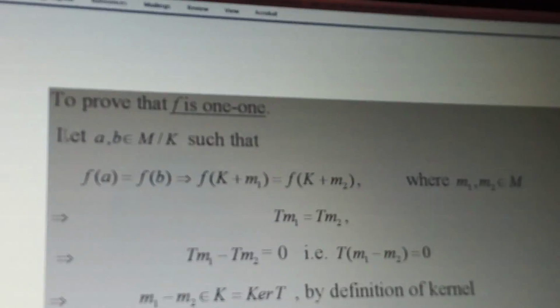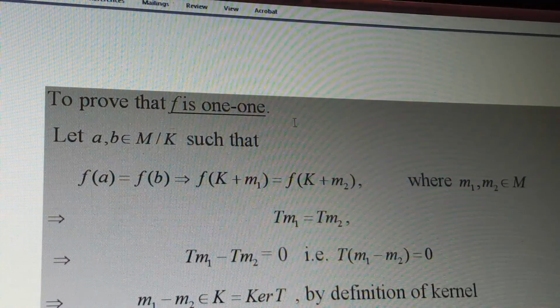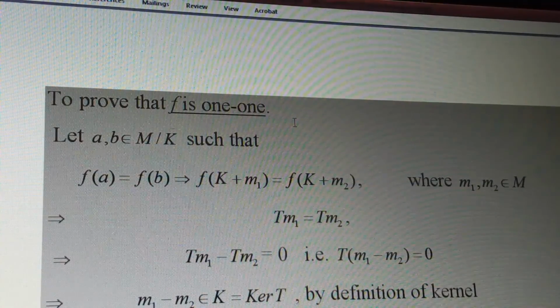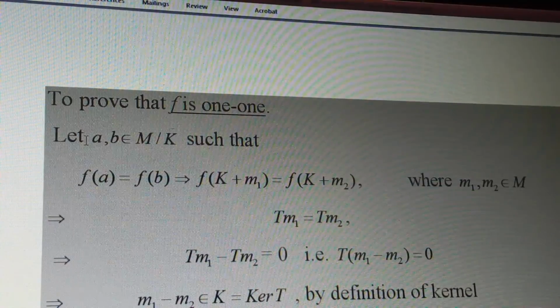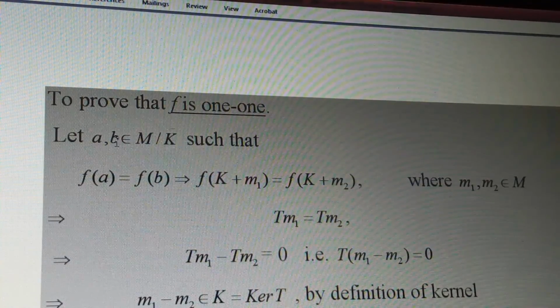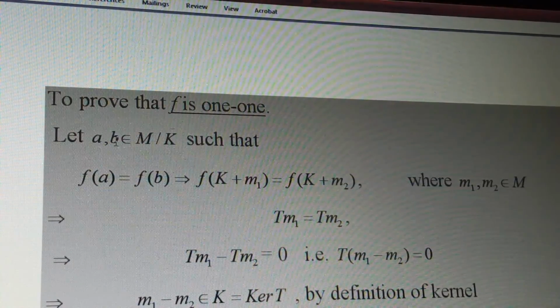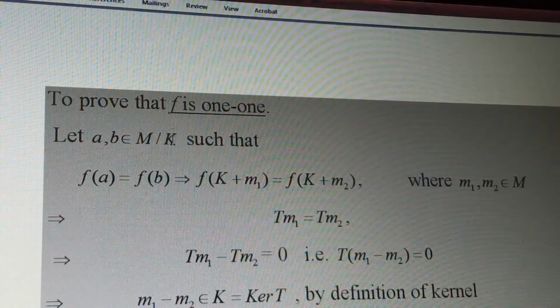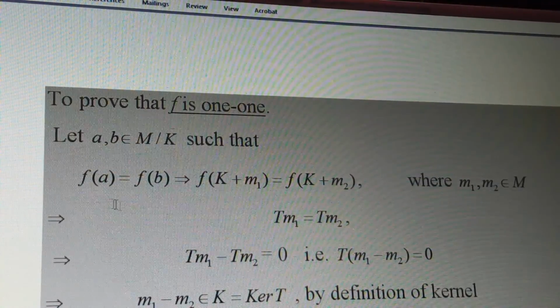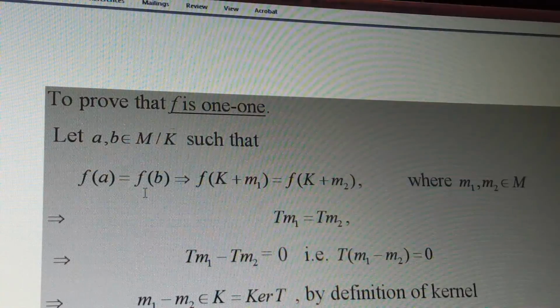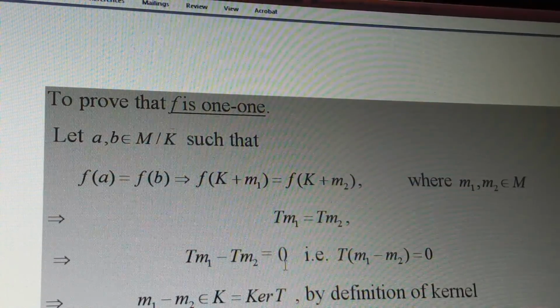Second, to prove that f is 1-1, where 1-1 means the reverse of well defined. Here again we take a, b belonging to the quotient module M upon K such that the images are the same, and we show the elements are the same.